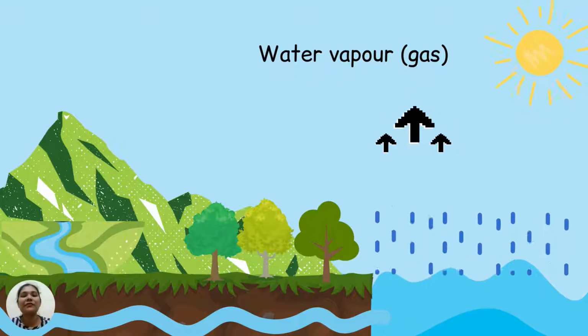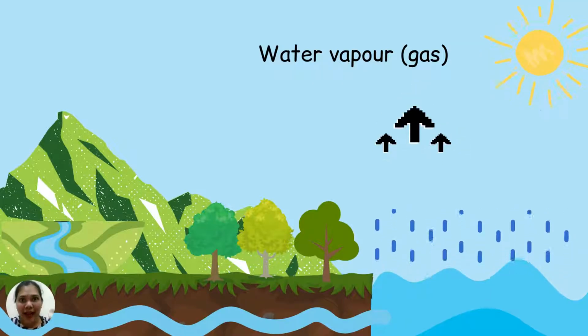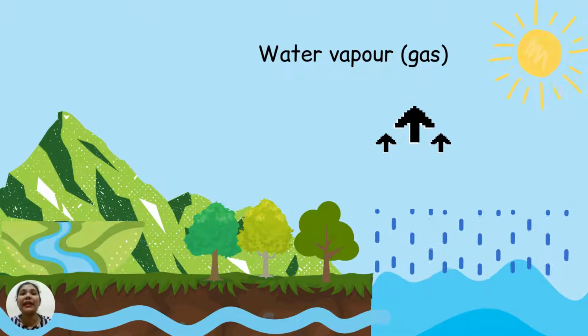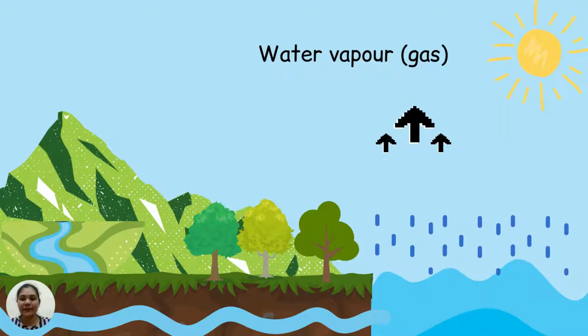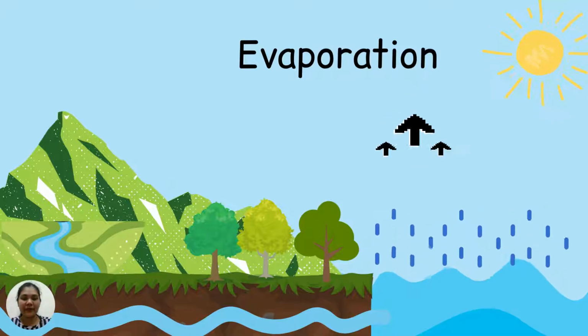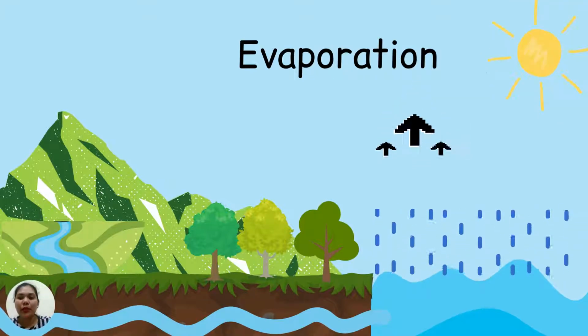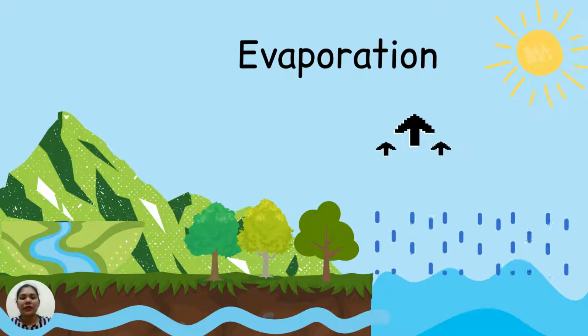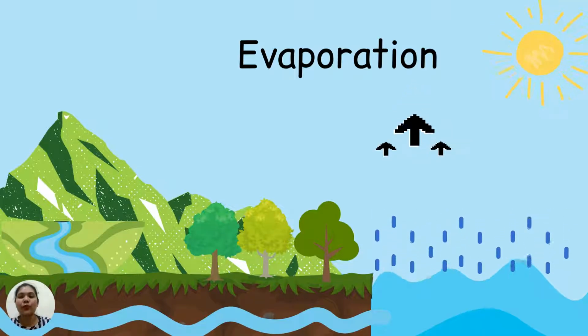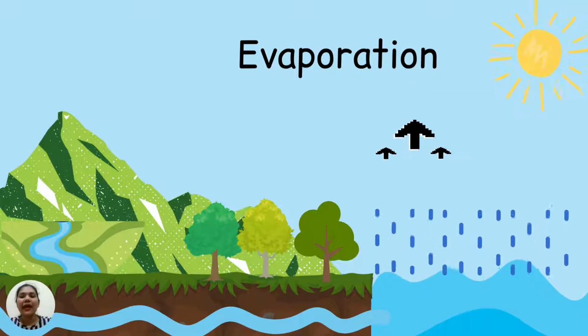When it's vapor, we can't see it with our eyes, but it's in a gaseous state, right? And this process is called evaporation.